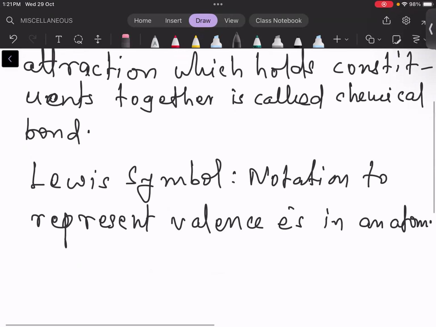Okay. Now, this notation, they are called Lewis symbol or Lewis notations. Okay.